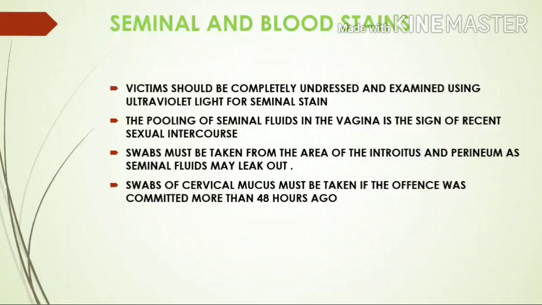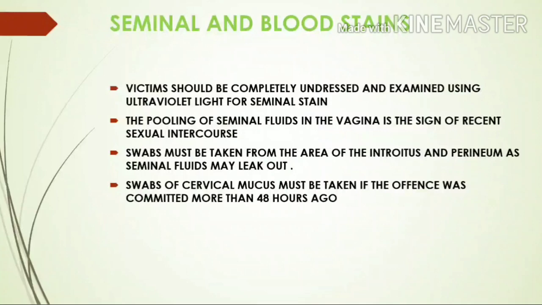Any soiled area, especially on external genitals, tops of thighs, buttocks, abdomen and hands, should be swabbed with a cotton swab moistened with saline, air dried and placed in a sterile container. Dried seminal stains found on external genitals and thighs should be scraped with a blunt knife and sealed in a packet and sent to the chemical examiner.